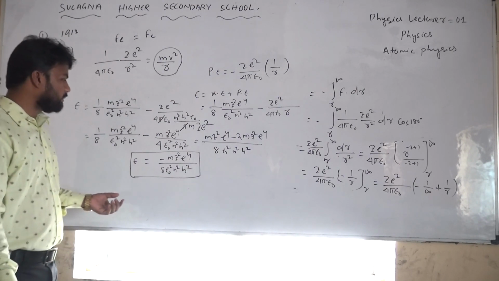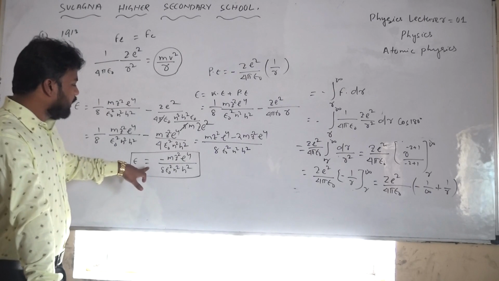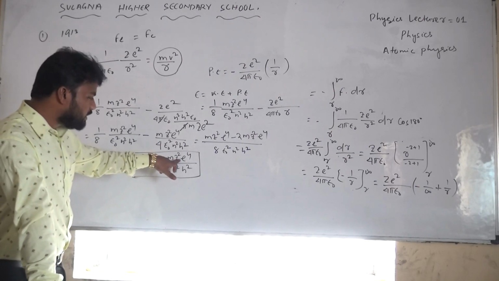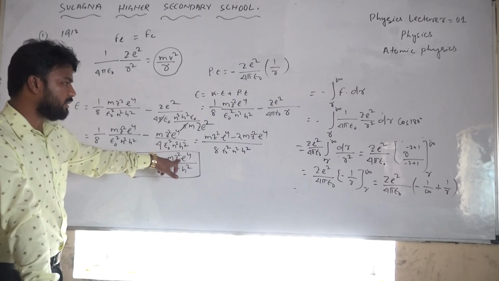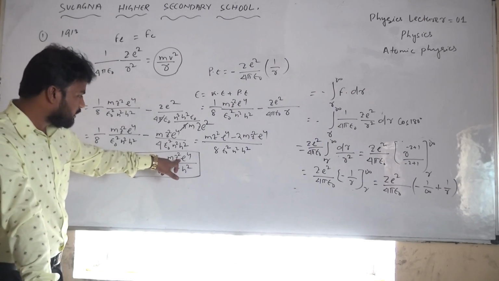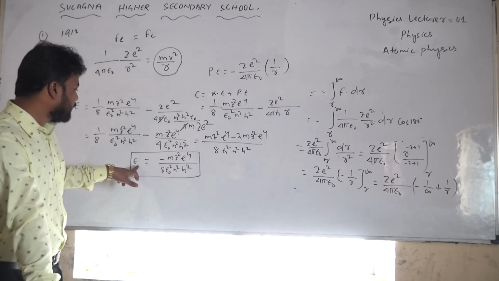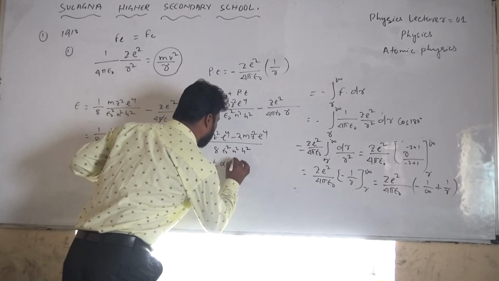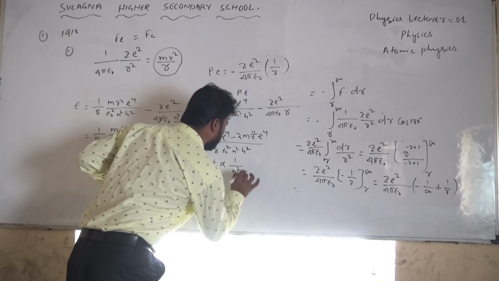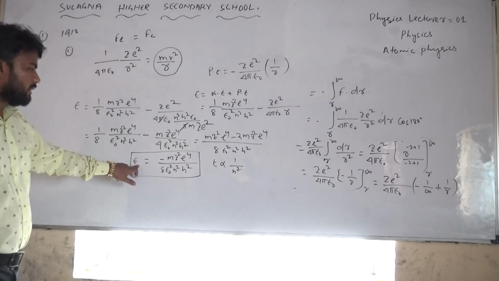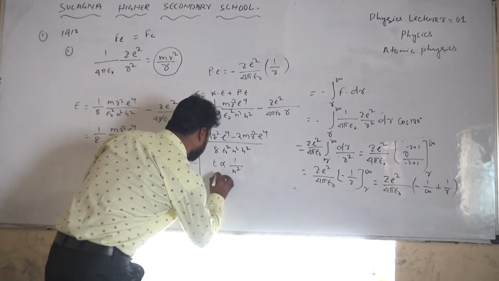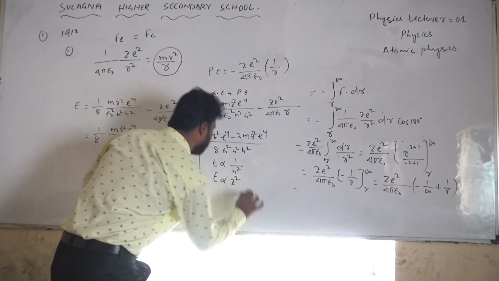When Z is constant, that means in a specific element, then E is inversely proportional to the square of n, and for a particular orbit E is directly proportional to z square.